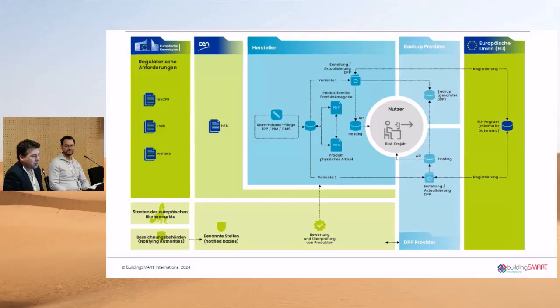So it will be for sure that we need those providers who help us to do it, or bigger companies say, no, let's do it in-house. I invest something to do it in my existing product management system.